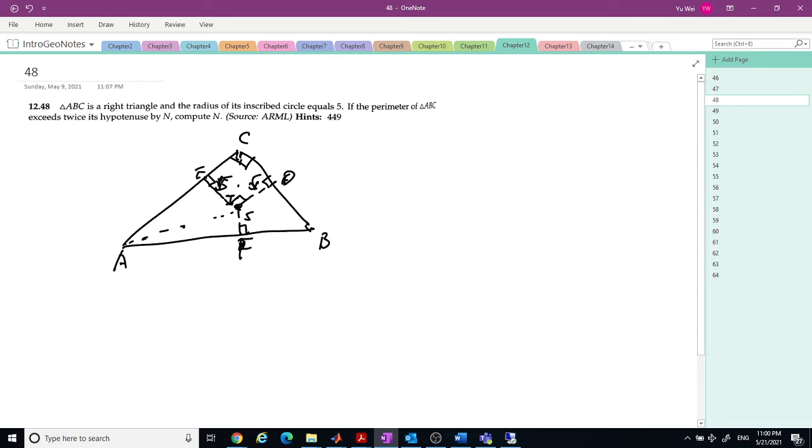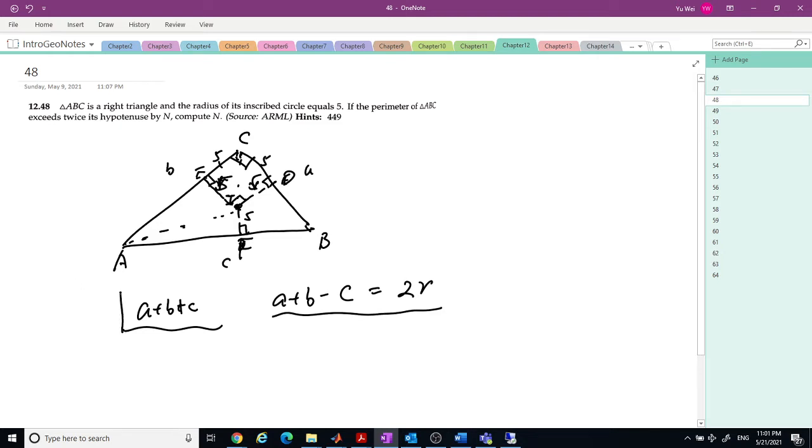The perimeter is A plus B plus C. Because this is R, this is 5, this is 5, you can see A plus B minus C is equal to 2R.